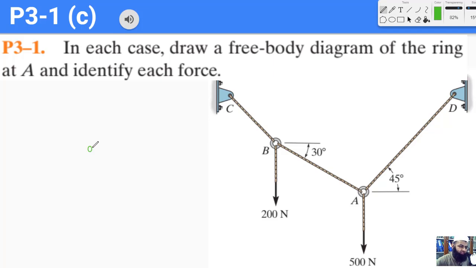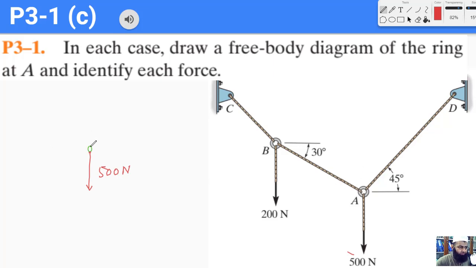Okay, so now we have this ring, and how many forces? Again, I would like to draw my forces in red. Okay, and my downward force is the 500 Newton force, which is already given here, and then there are going to be two unknown forces.